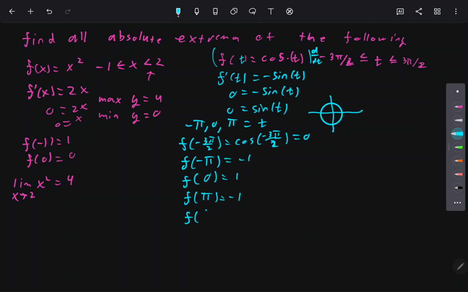And f of 3 pi over 2 is going to be, pi over 2, 2 pi over 2, 3 pi over 2, so 0. So we get the maximum. So max is y is equal to 1. And we can clearly see that the minimum value, the smallest value the function takes on, is going to be y is equal to negative 1.